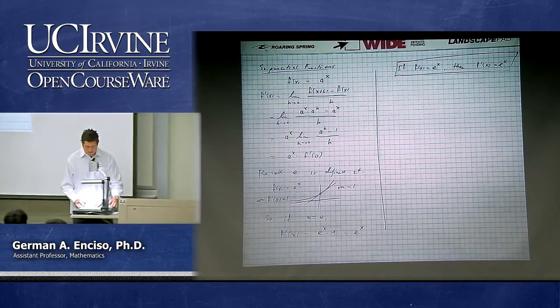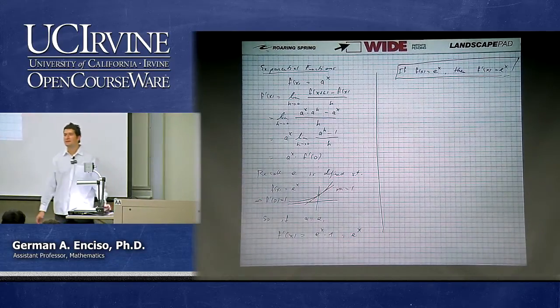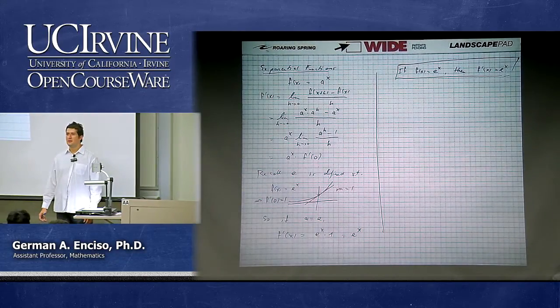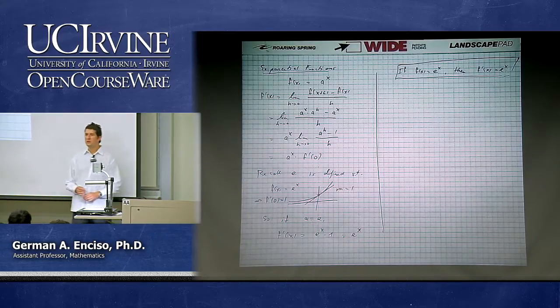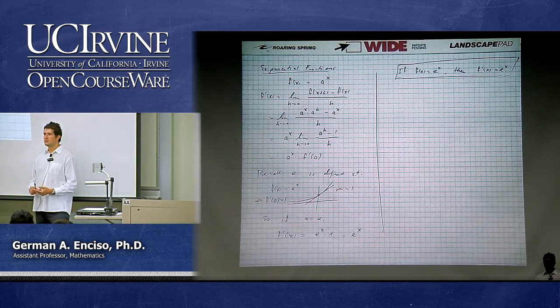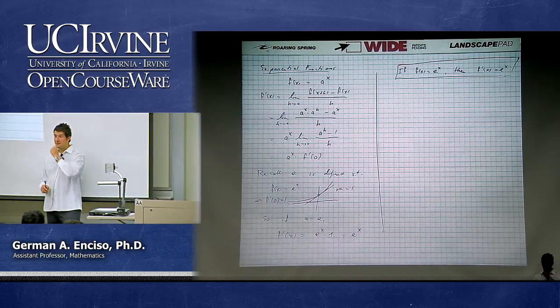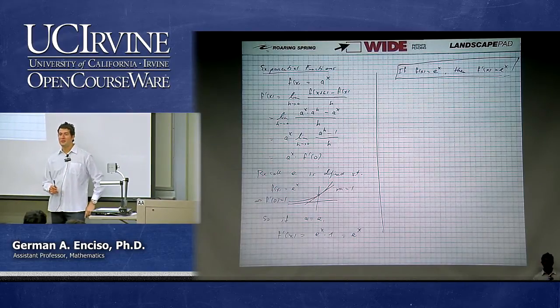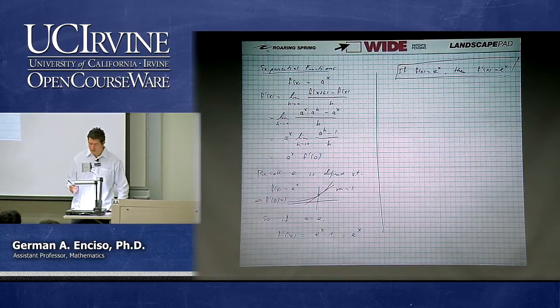Do you think there's any other function whose derivative is itself? Who can think of another function whose derivative is just the function itself? Yes? F of x is equal to 0? That's right. F of x is equal to 0. It could also party without a problem, because the derivative is still just 0.